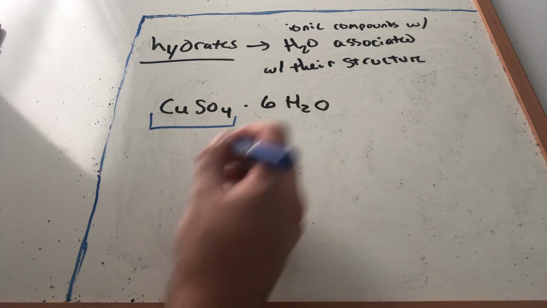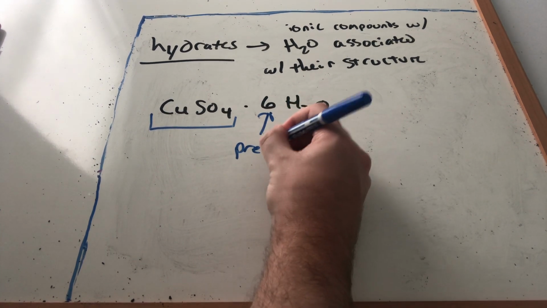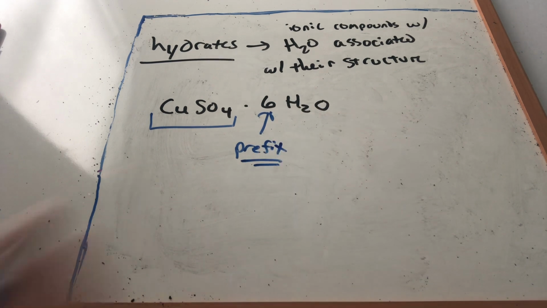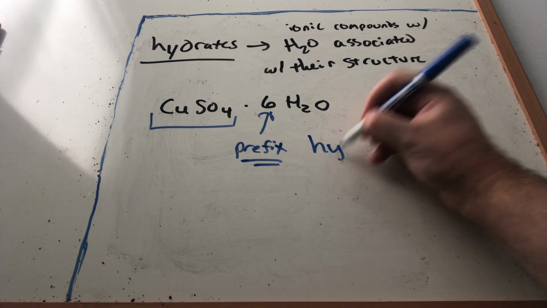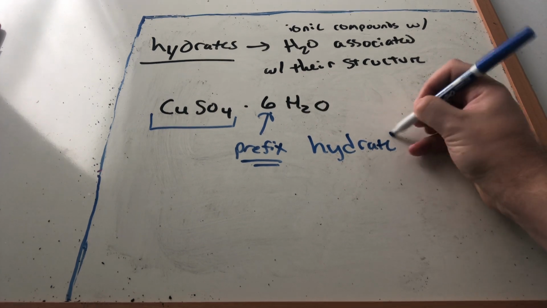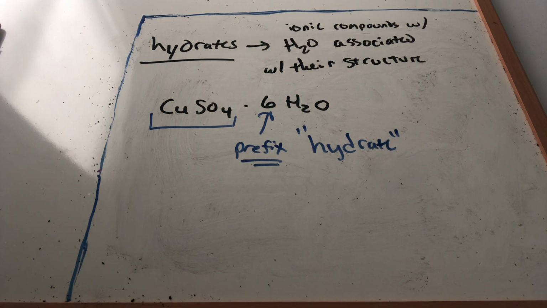Over here, though, we're going to add information. We use a prefix that tells us the number of waters, and then we always end in the word hydrate. So we do a normal name, and then we use a prefix and hydrate to indicate that waters are stuck in this structure.